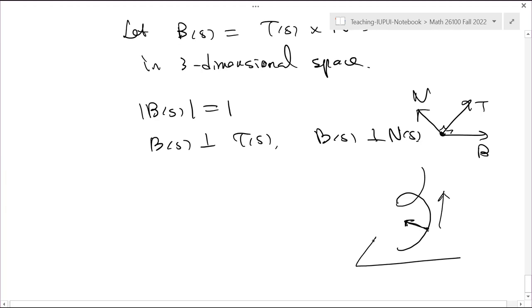This is B, that's N, this is the tangent vector T. So the direction B is also important, in which the curve is leaving any given plane. The plane is spanned by T and N.